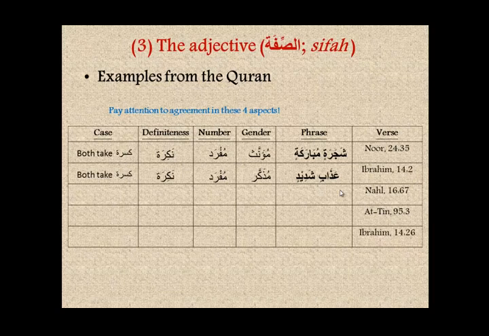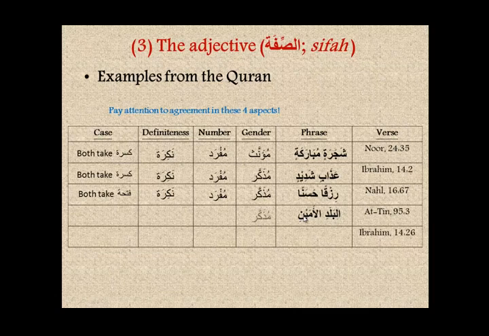In Surah An-Nahl, Surah number 16, verse number 67, we have the phrase rizqan hasanan. Both are mudhakkar, mufrad, nakirah, and both take a fatha. Example number 4, in Surah At-Teen, وَهَذَا الْبَلَدِ الْأَمِينِ. We have al-balad al-amin.